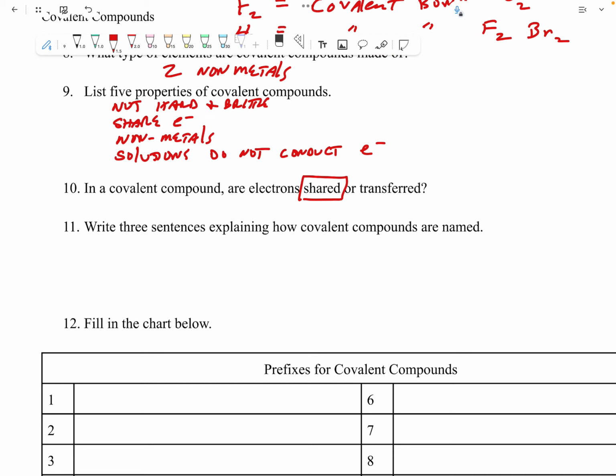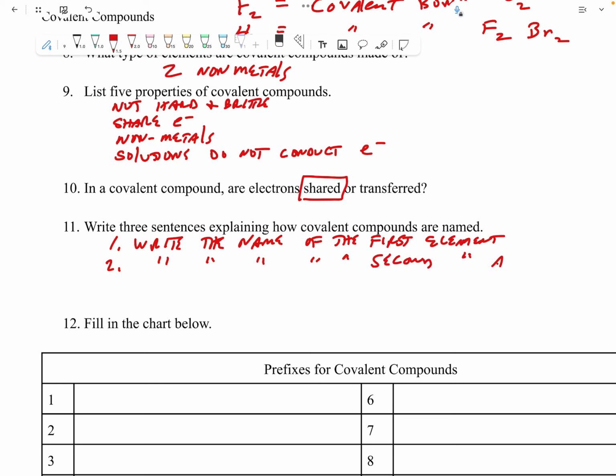Well, again, just like the ionic compound, write the name of the first element, then write the name of the second element, and add -ide: bromide, chloride, sulfide, oxide, iodide, those kinds of things. Add prefixes where appropriate.